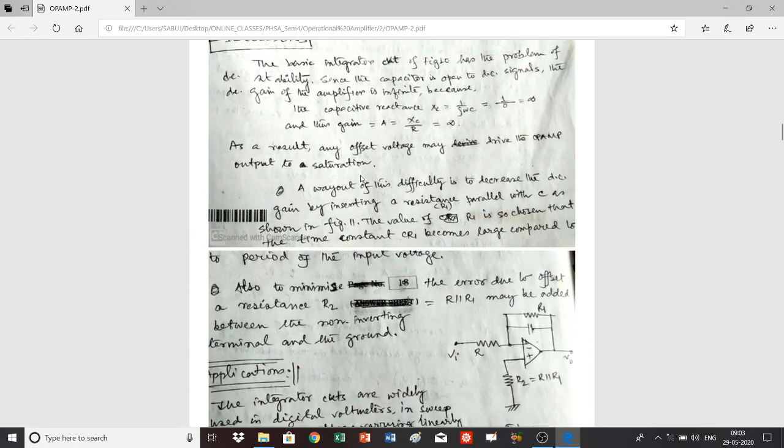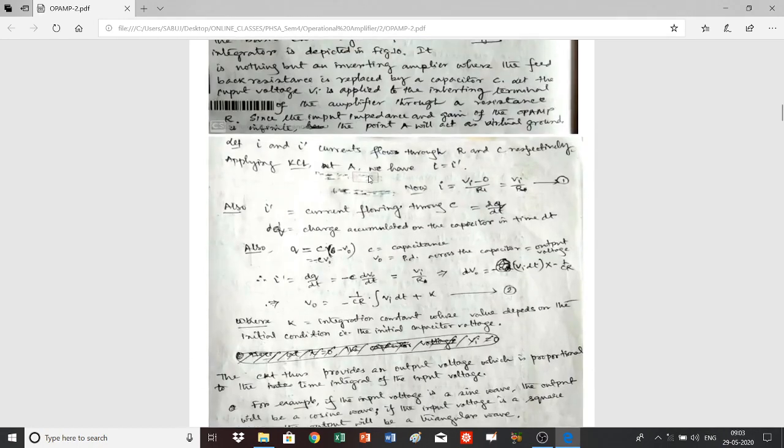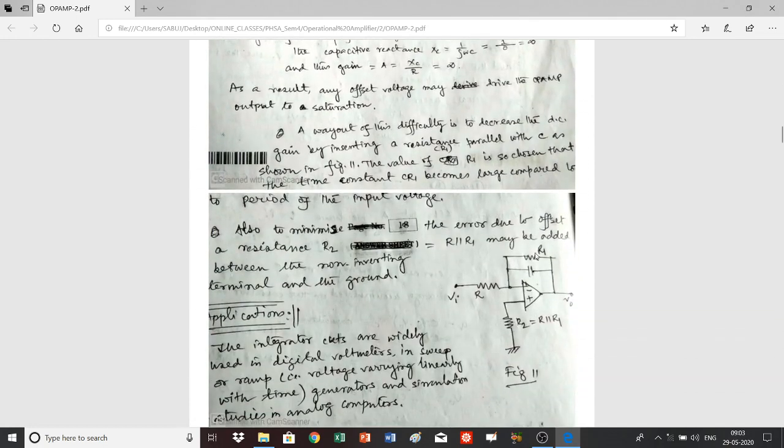To remove or decrease this problem, a resistance R1 is connected in parallel with the capacitor, and then the net resistance of this combination will decrease, and in this way the gain can be reduced from what it was in the previous case.